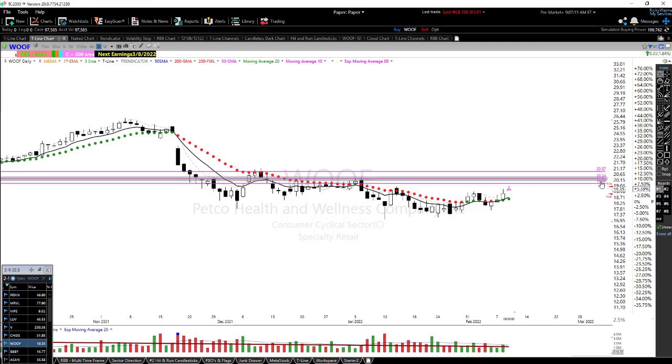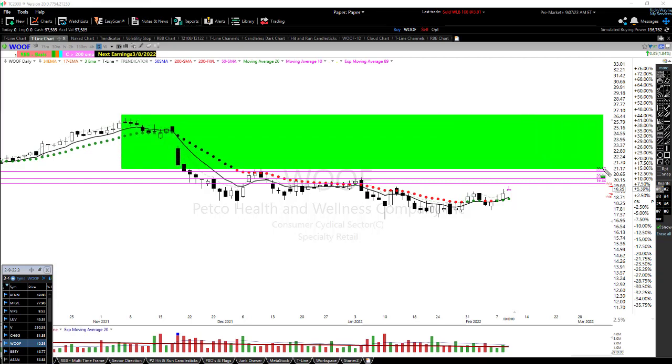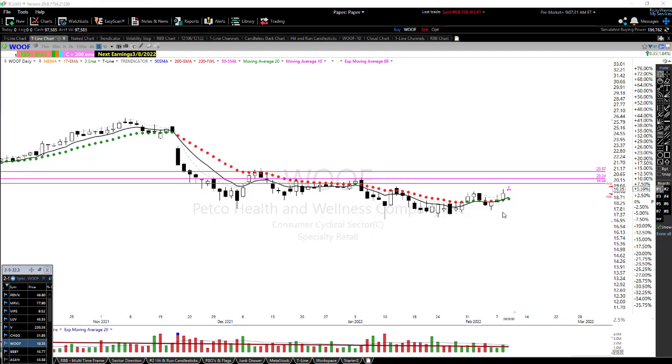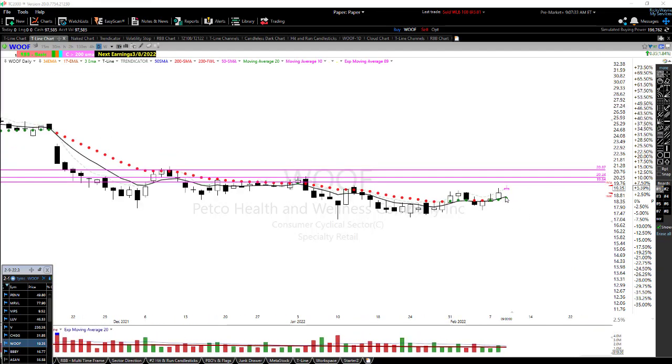If we do get above this $19.80, $20, even $20 and almost $21, look at all the bullishness we could see on this. Man, how sweet is that right there? That's nice. So I'm keeping a close eye on this. It certainly looks like it can be traded up. Watch for a little consolidation.